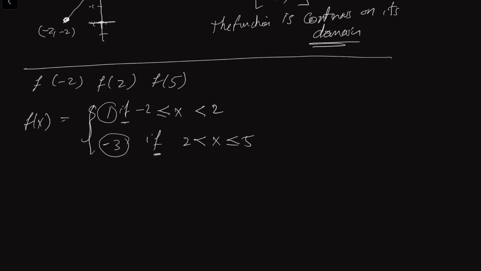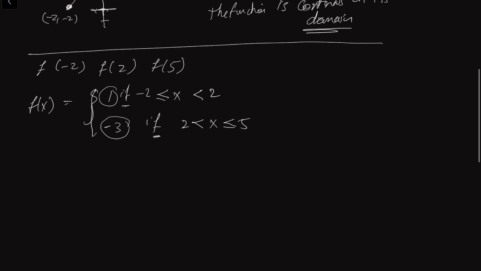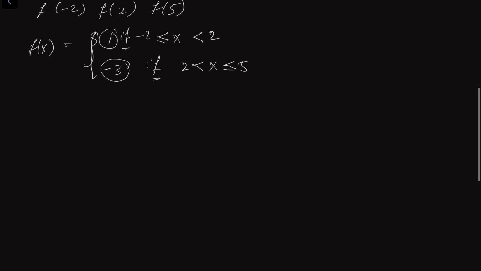Okay, we're going to follow the same steps like we did in the first problem. So what's the first thing we do? We get the values. So for f of -2, check the first expression.